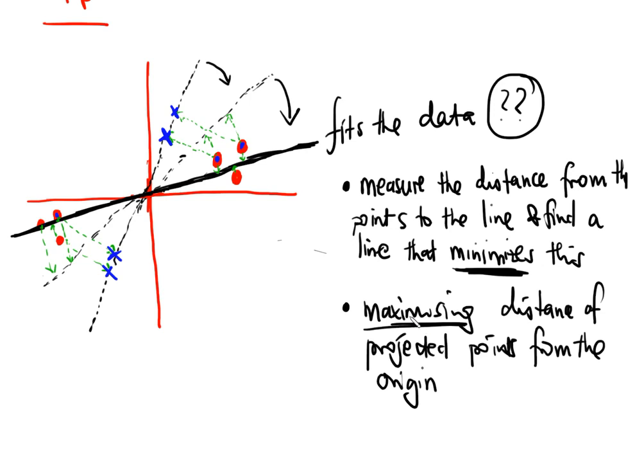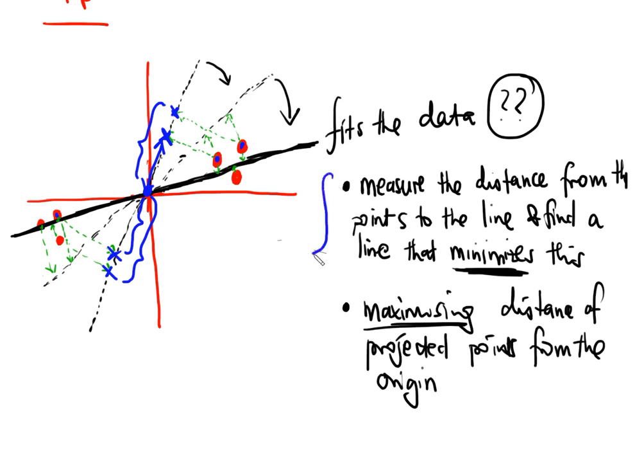So when we're saying maximizing the distance of the projected points from the origin, what we're basically saying is, these distances, that's the distance for that first point, and then this distance for this projection, and the distance to all the points, these distances from the origin, they should be maximized. If we can maximize those, we have found the line that best fits the data.